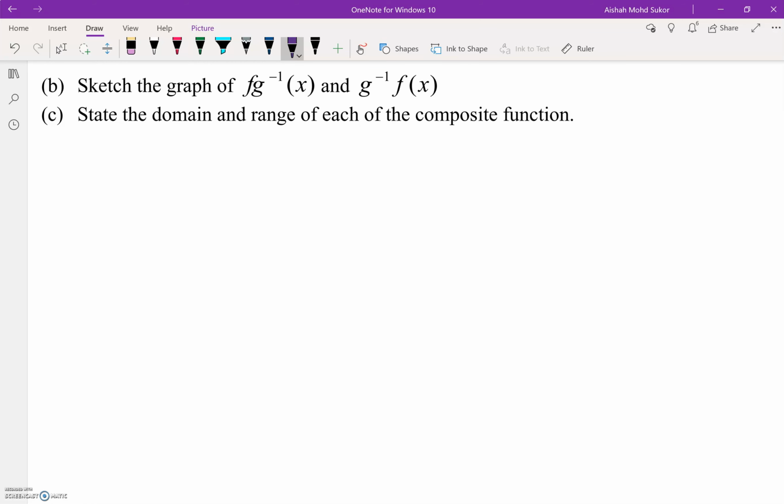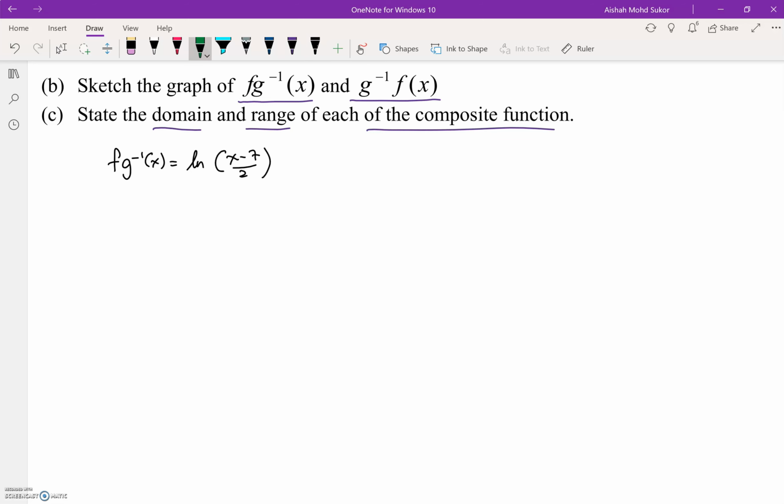B. We need to sketch the f(g inverse(x)) and g inverse(f(x)) functions. And we need to state the domain and range of both functions. So our f(g inverse(x)) function is equal to ln((x minus 7) divided by 2).